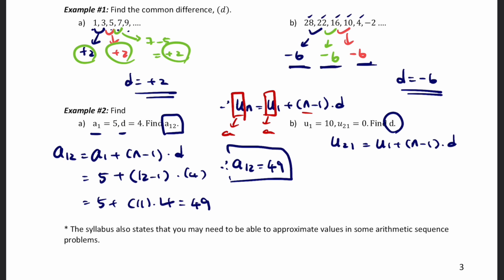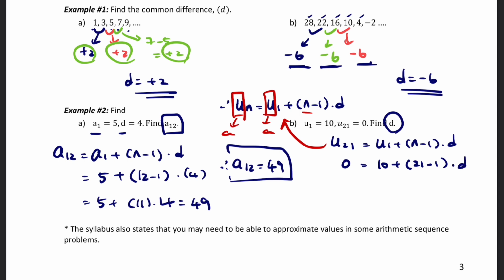Even though we know its value, we substitute everything that we know into the arithmetic sequence formula. U21 is equal to 0, U1 is equal to 10, and the n value is 21, so we do 21 minus 1, times D, which is the unknown value.